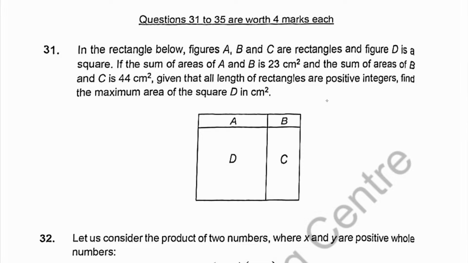Okay, so for the last 5 questions, figures A, B, and C are rectangles, and figure D is a square. Okay, so the sum of areas of A and B is 23. Sum of areas of B and C is 44. So this rectangle, we know that the side lengths are positive integers.